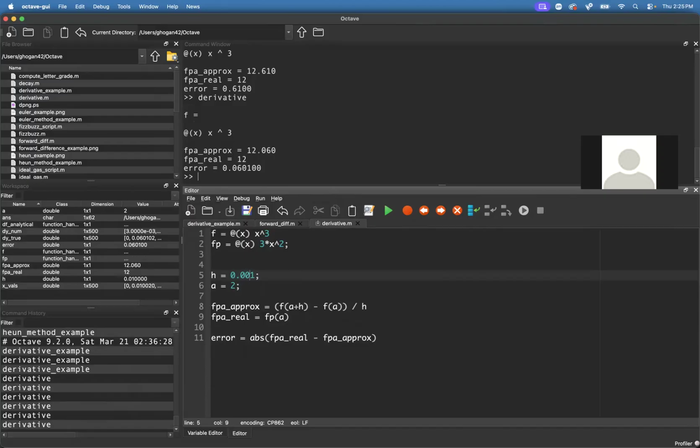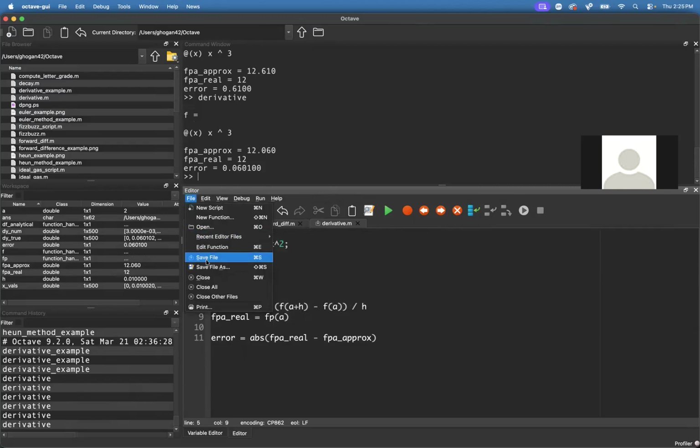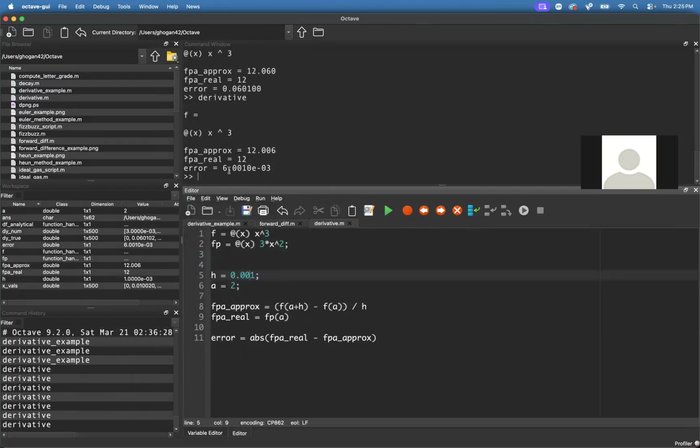If I change it to 0.001, now it's 6 times 10 to the negative 3, which is 0.006. So basically, every time I add a zero here, I'm getting an extra zero in the error. So as the h gets smaller, the error is going to go smaller as well.